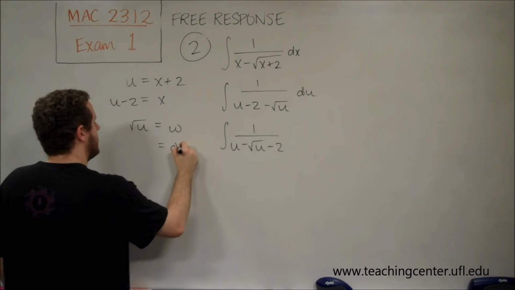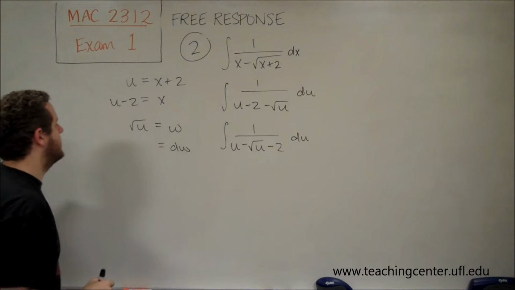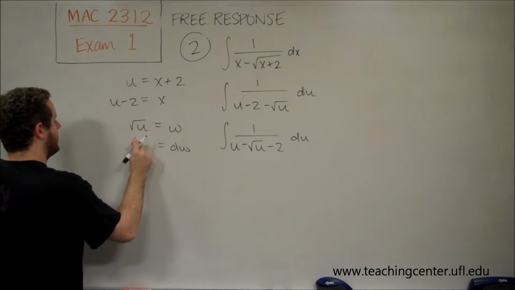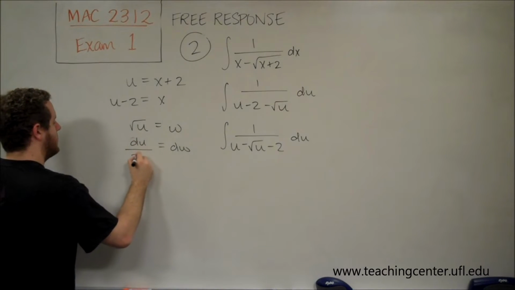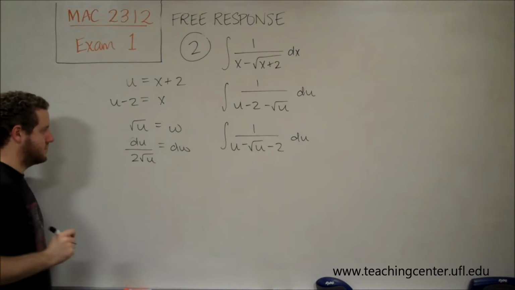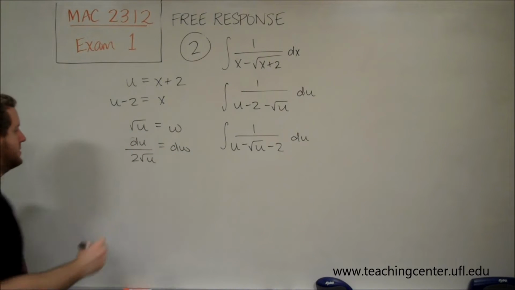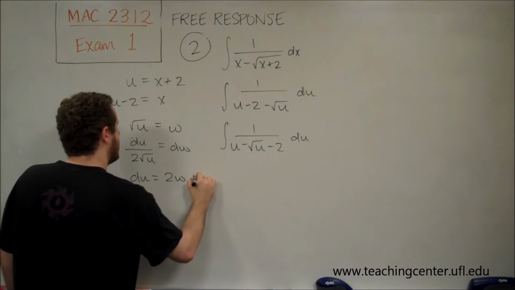So let's put du here. Our dw is equal to the derivative of this. Now the derivative of a square root is du over 2 root u. But in fact, root u is w, so if we rearrange this, du is equal to 2w dw.